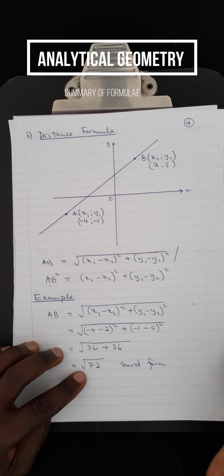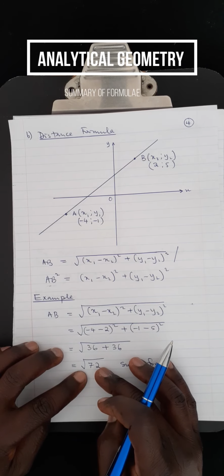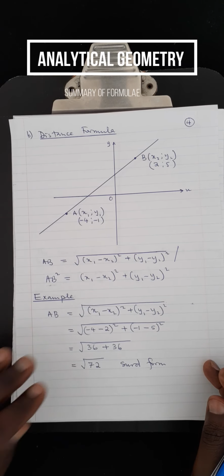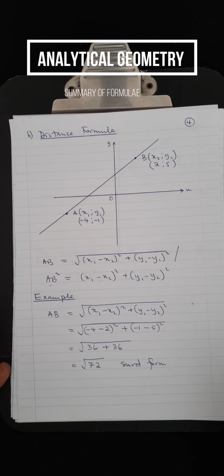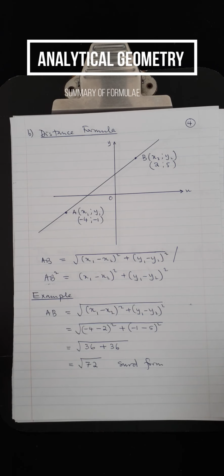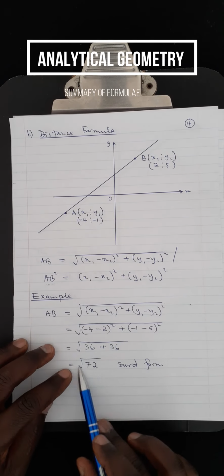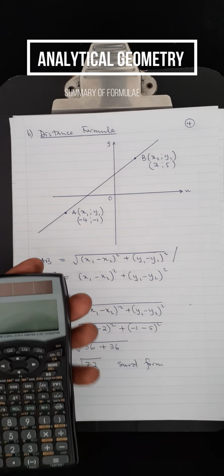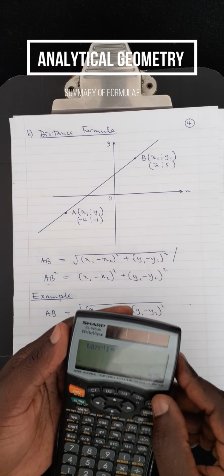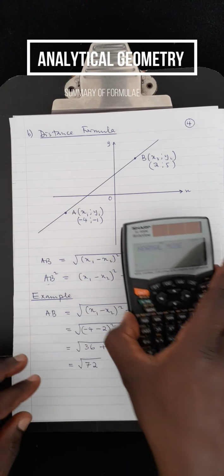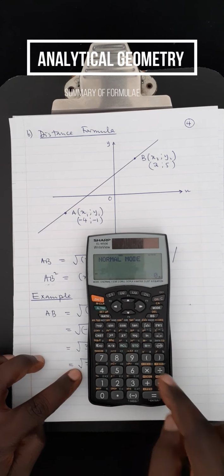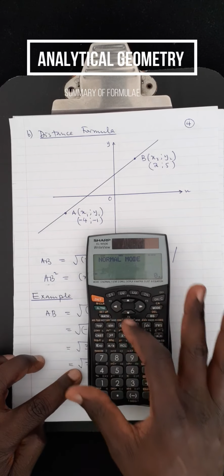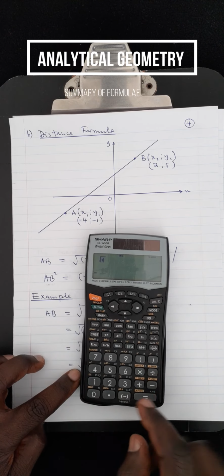If you want to simplify it, some questions will specifically say leave your answer in simplified surd form. This one is not simplified. So all you need to do, you can use your calculator. Just type in your square root sign, 72.